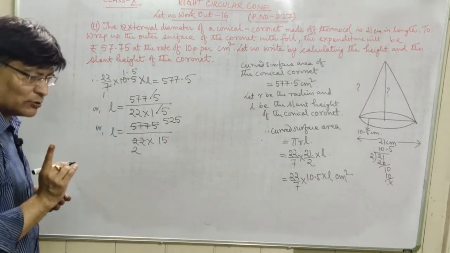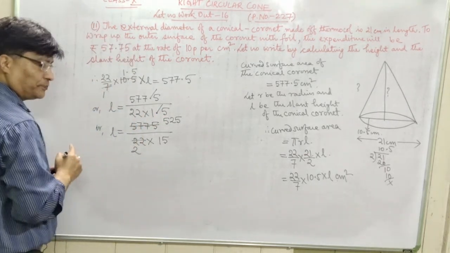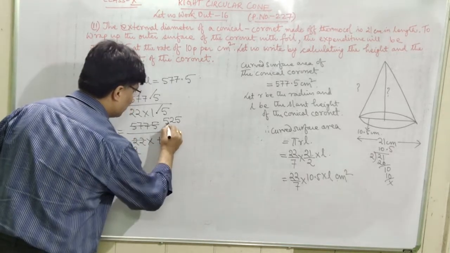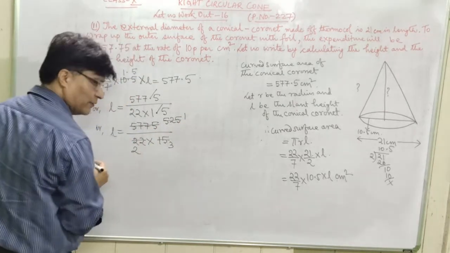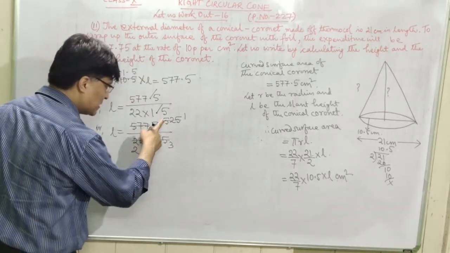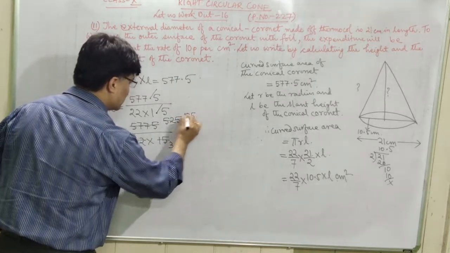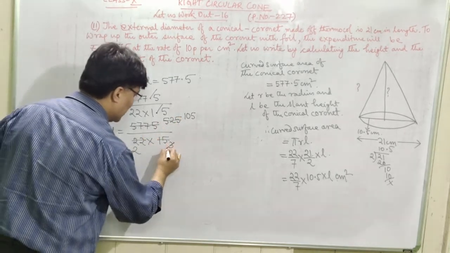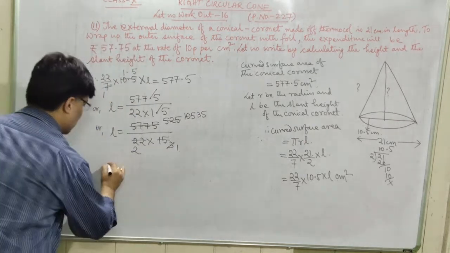Is that understood now? Now we can cancel here. 5 threes are 15, 5 ones are 5. Again you can cancel this 105 by 3: 3 ones are 3, 3 threes are 9, 3 fives are 15.